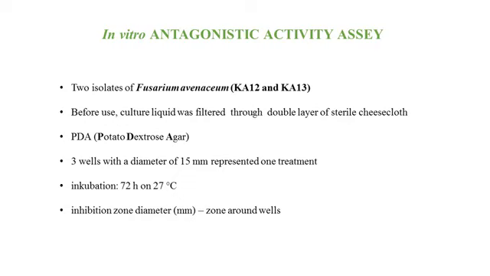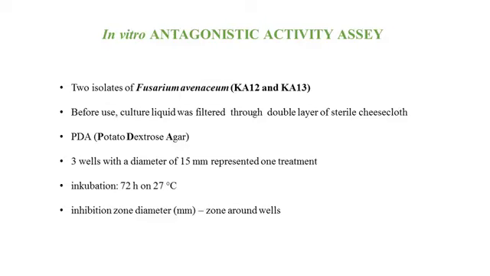Three wells with a diameter of 15 millimeters represent one treatment, and 100 microliters of the test liquid, Streptomyces hygroscopicus, was added in each well. In control plates, 100 microliters of sterile distilled water was added to the wells.